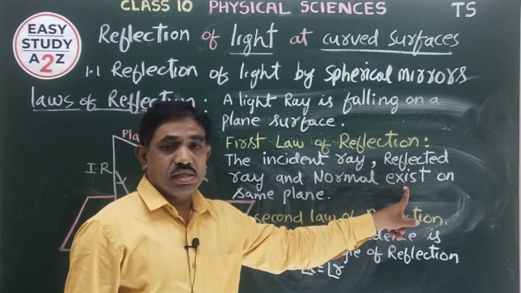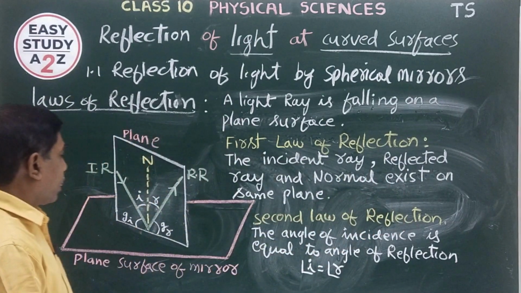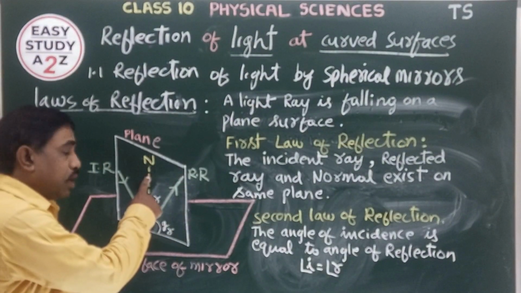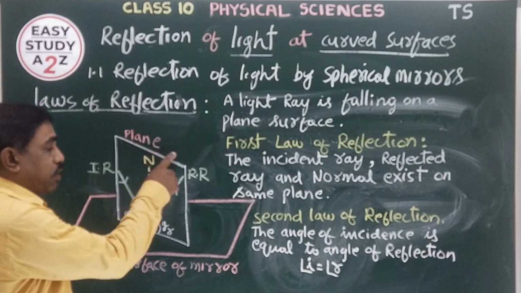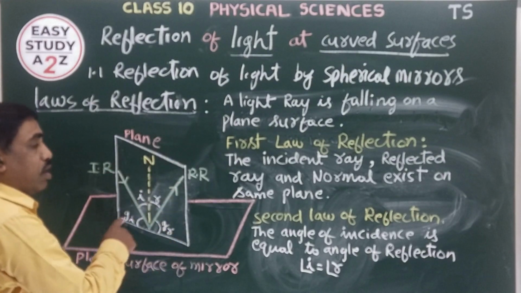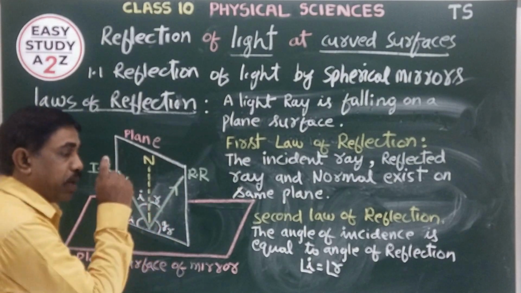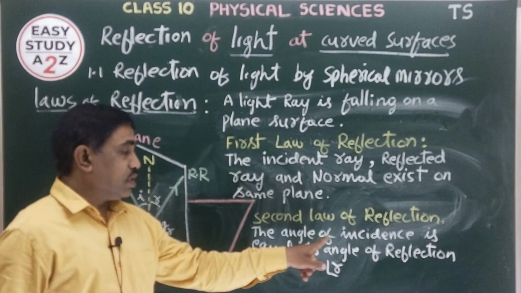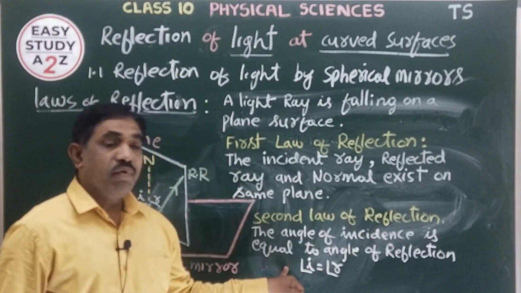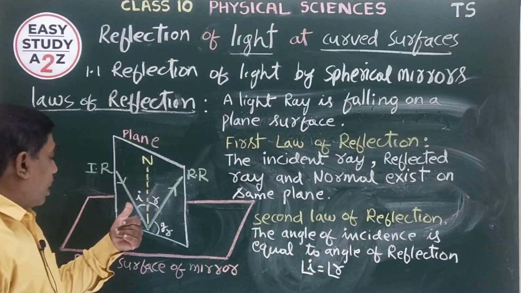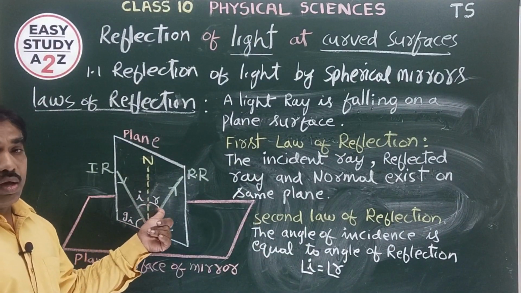Now, the second law of reflection: the angle of incidence is equal to the angle of reflection. Angle I is equal to angle R.